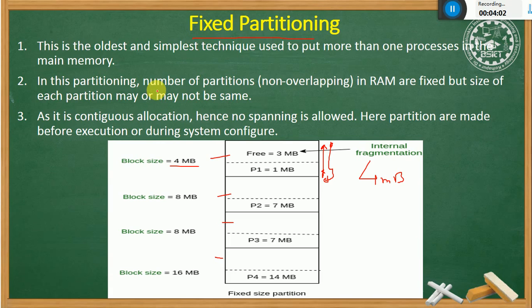In fixed length partitioning, the partitions in the RAM have the same fixed size. In contiguous allocation, there is no intermediate space between the partitions. In fixed partitioning, the block size of main memory is fixed and the same for all the blocks. That type of partitioning is known as fixed partitioning.